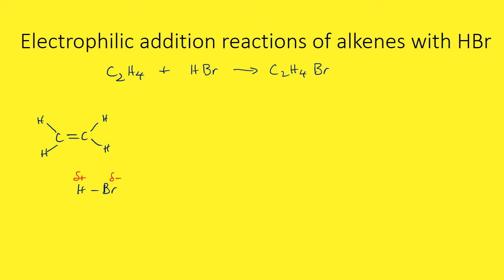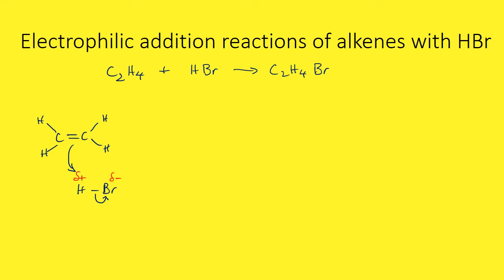We've also got a very negative area in the double bond. Those electrons in the double bond are going to attack the delta positive hydrogen, like so. When they do so, the bond in hydrogen bromide breaks and the electrons stay with bromine, and we draw that curly arrow to illustrate that, like so.